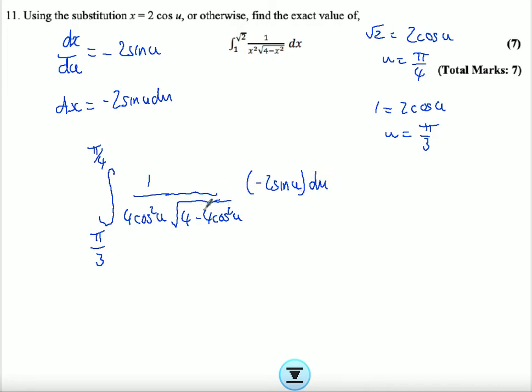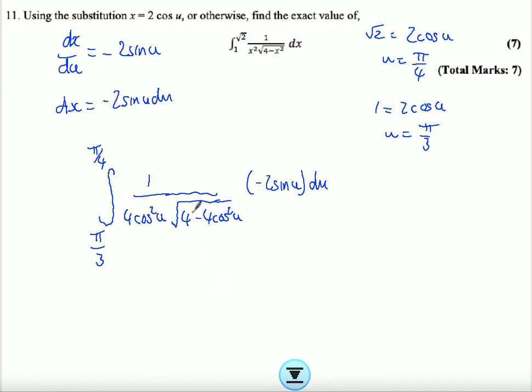Now this does look like a mess, doesn't it, to begin with? But I'm sure something magical will happen in a moment. We just have to spot it. Okay, so this square root is making me feel a little bit uneasy. So can we rewrite it in terms of something else?